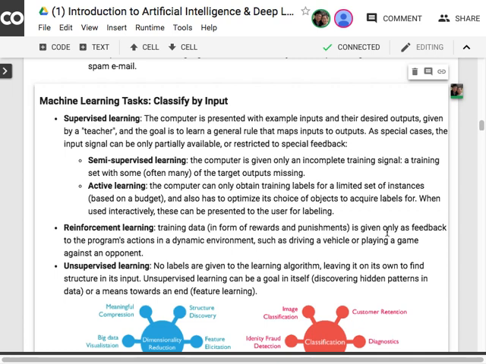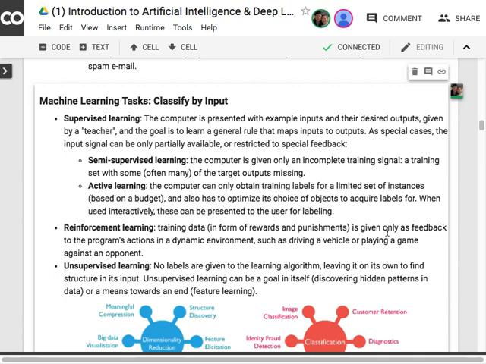Another one is active learning, where the computer can obtain training labels from a limited set of instances. Normally we have the data but no labeled data yet; we just have the features but not the output class.